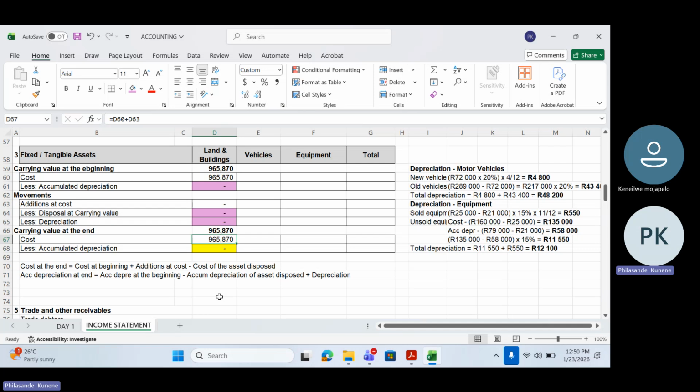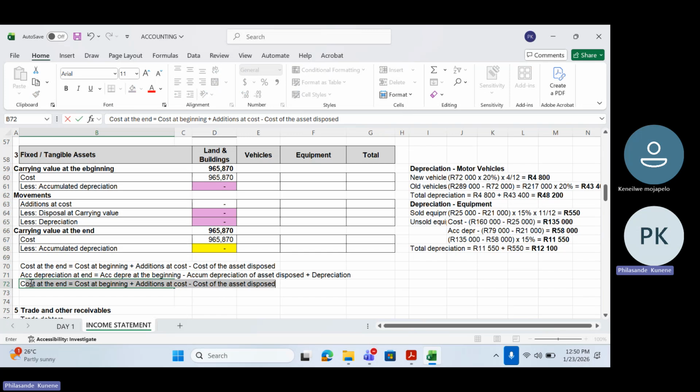Are you following? Carrying value at the end, there is another formula that you need to understand. These three formulas, I don't want you to forget them again, please.